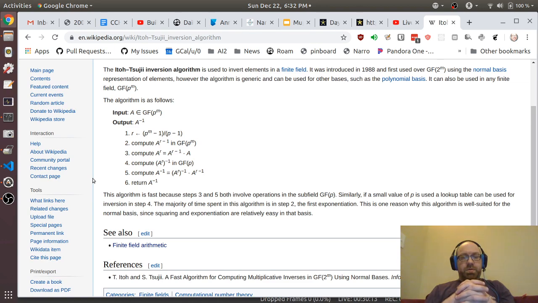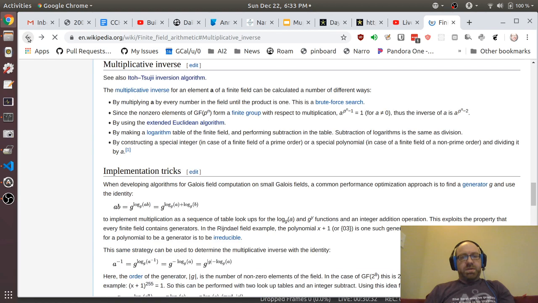R goes to P to the M minus 1 divided by P minus 1. Compute A, R, no. Yeah, so that's not going to help.